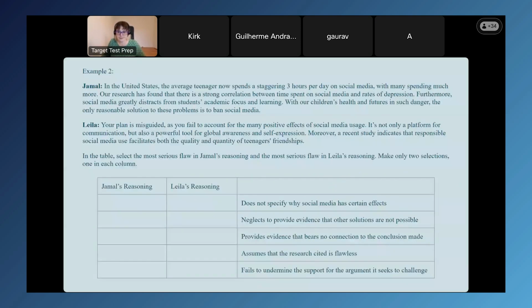Ooh, now let's do this. Can everyone see the question?